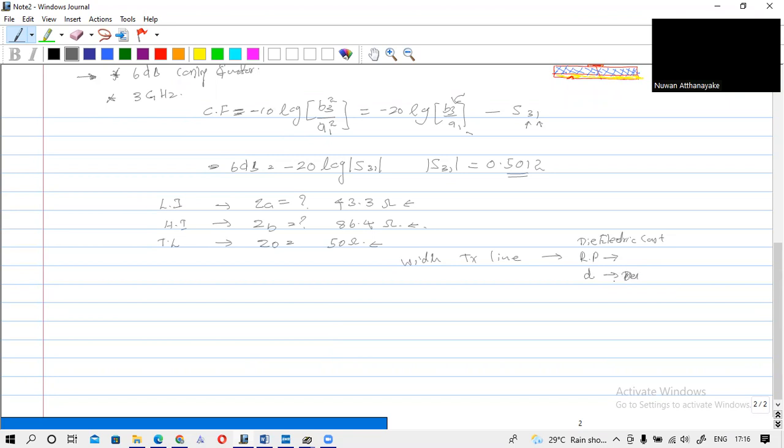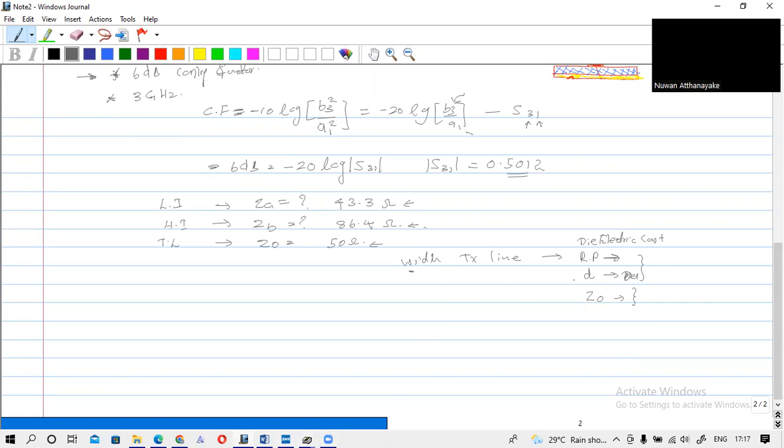So width mainly depends on these two parameters, and also on the characteristic impedance. So the width of the microstrip line will be based on the relative permittivity and thickness of the dielectric material, and also the characteristic impedance.